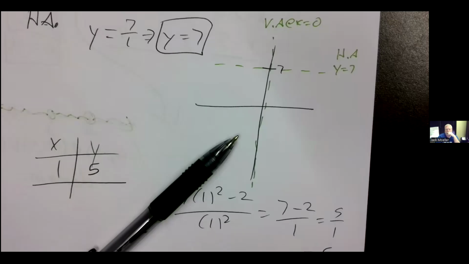Okay, the vertical asymptote. Well, we already know that's x equals 0. As for the horizontal asymptote, we're never going to do anything with 2 horizontal asymptotes, so you should never answer B. There is one horizontal asymptote, so y equals 7.